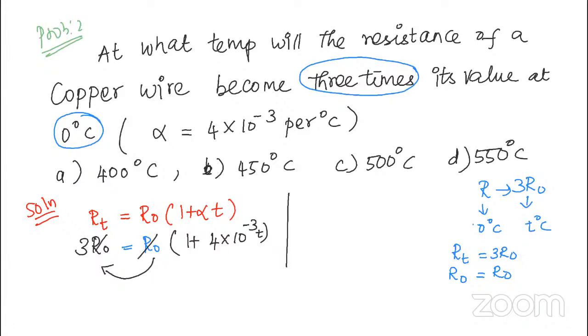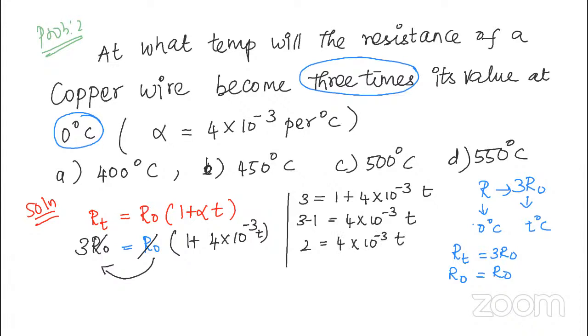So here it is 3 is equal to 1 plus 4 into 10 power of minus 3 into T. So 3 minus 1 is equal to 4 into 10 power of minus 3 into T. 2 is equal to 4 into 10 power of minus 3 into T. Okay, so for the next step, there is no space here, so we can go to the next page.